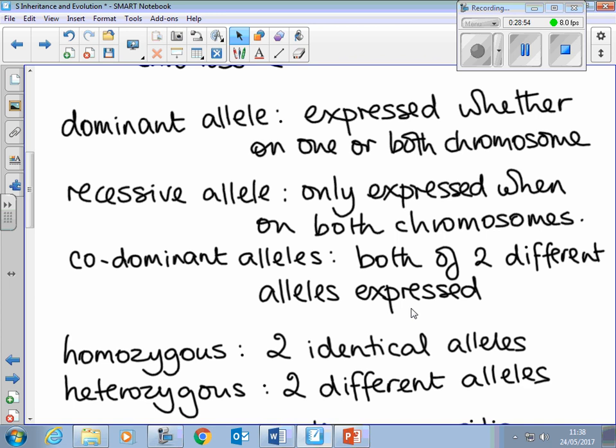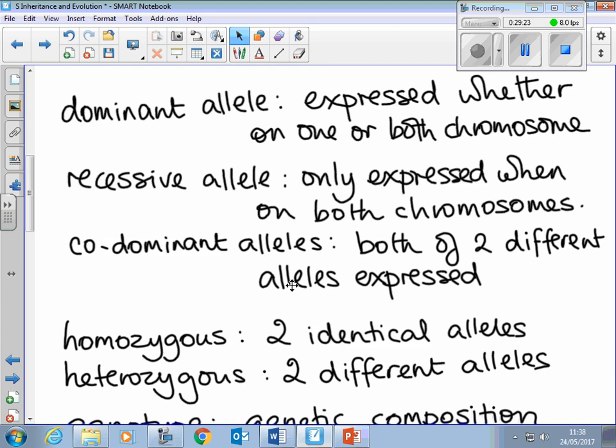So dominant, it'll be expressed even if you've only got one copy of it, but the other chromosome is carrying the recessive. Obviously recessive will be expressed if you've got two copies. Recessive, you only get that one expressed when you've got two copies, and that's the real game changer when it comes to identifying individuals' genotypes. In a population, you can only ever identify the individuals carrying two recessive alleles, the homozygous recessive.